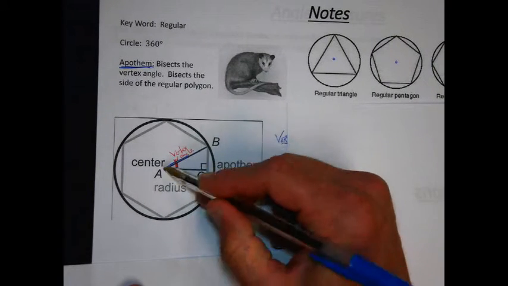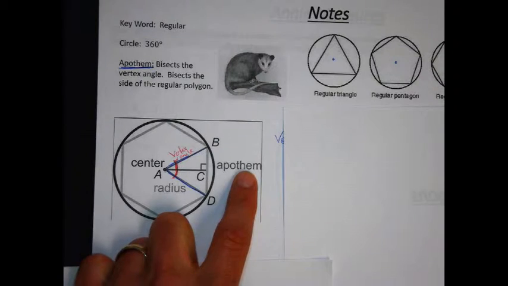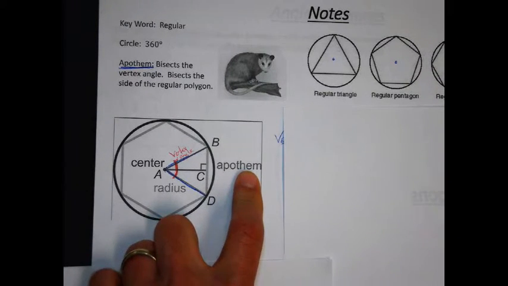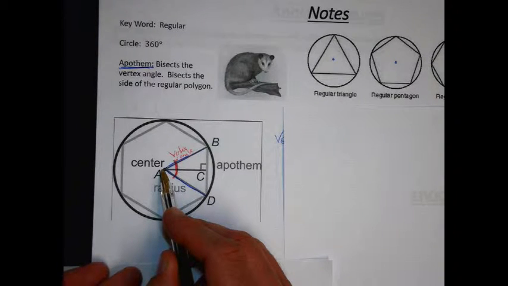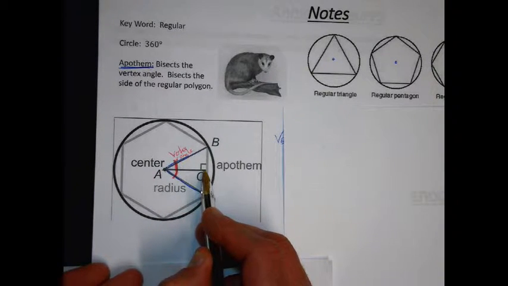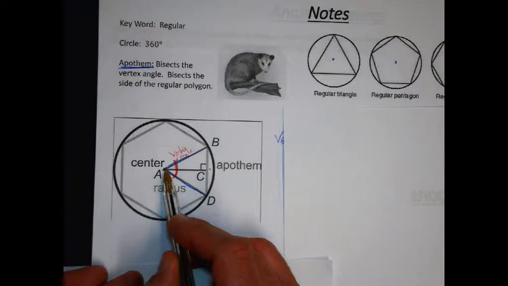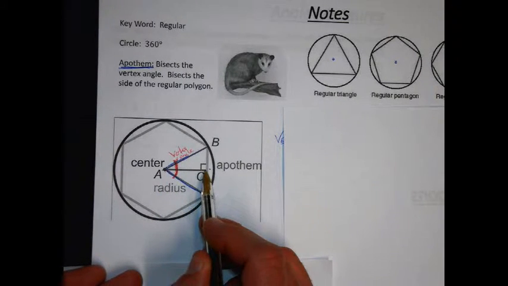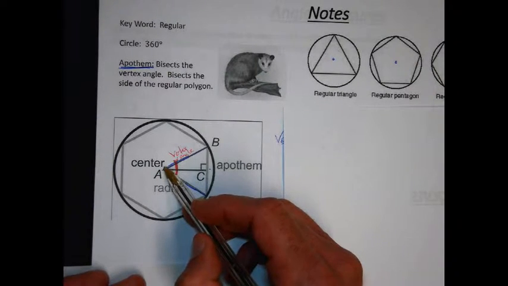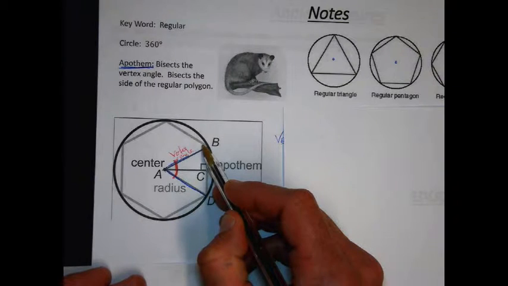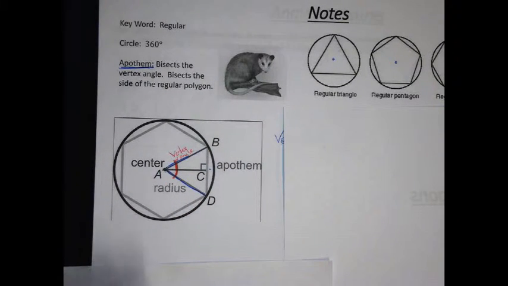Okay, so yay vocabulary. And now we have this new thing called an apothem. The apothem goes from the center to the midpoint of one of the sides of the regular polygon. So it's the distance from the center to the side of the regular polygon. The radius is the distance from the center to the vertex. The apothem is the distance from the center to the side of the polygon.